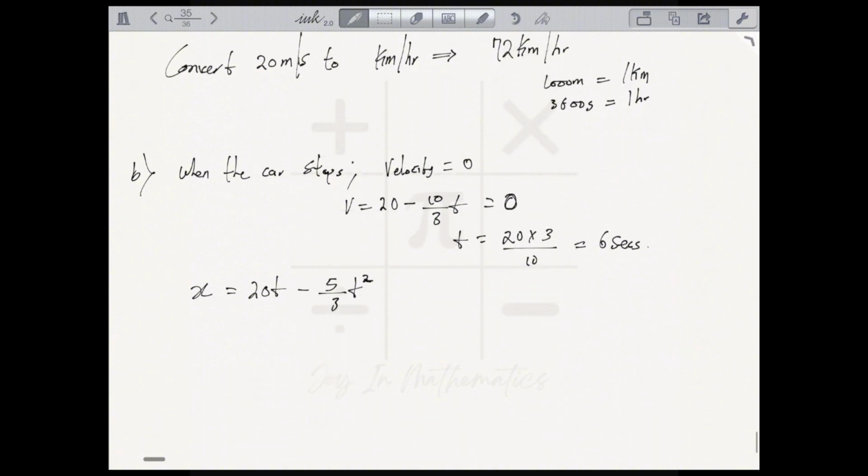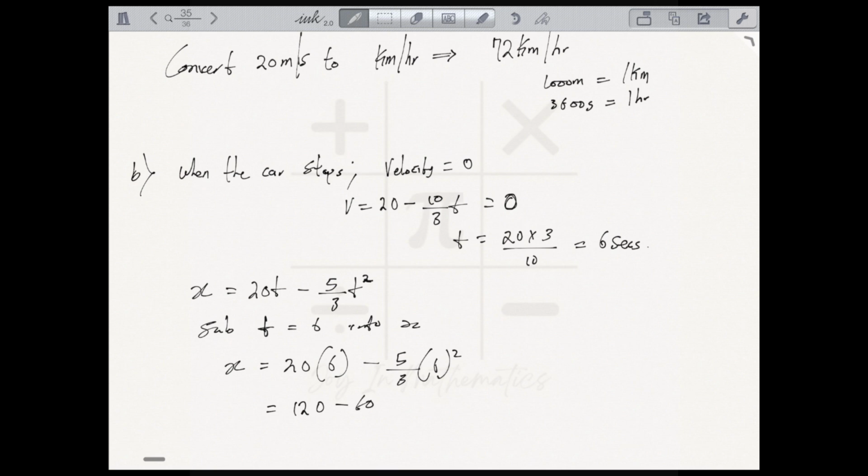Therefore, to evaluate the distance before it stops, we have to substitute the value of t, which is equal to 6 seconds, into distance. So x will be equal to 20 multiplied by 6 minus 5 over 3 multiplied by 6 squared. And this is 120 minus 60, and it will give us 60 meters.